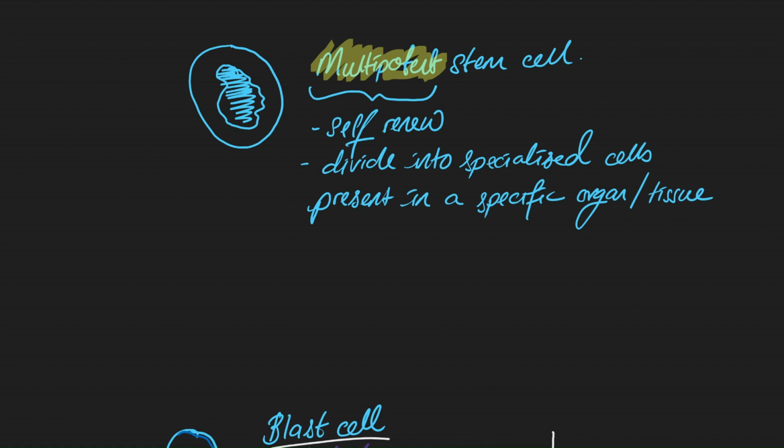So that explains what a multipotent stem cell is. Given these multipotent stem cells give rise to blood cells, these are also known as hematopoietic stem cells.